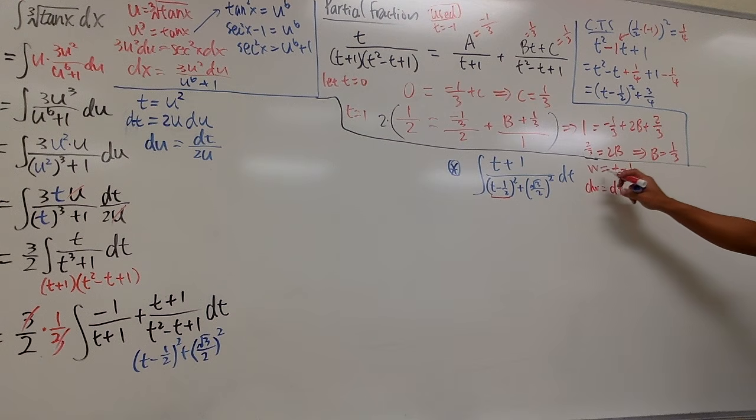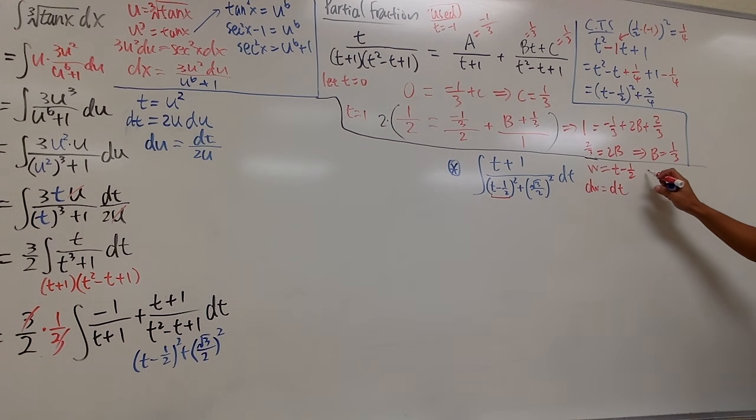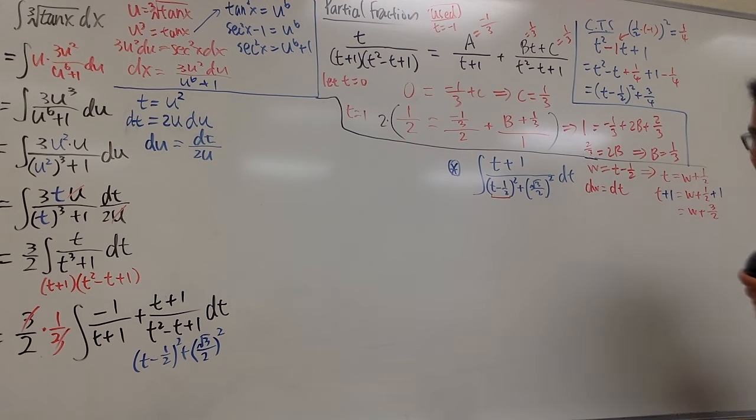Because w is equal to t minus 1/2, you can say that t is equal to w plus 1/2, right? And if you add 1, t plus 1 is w plus 1/2 plus 1, which is w plus 3/2.